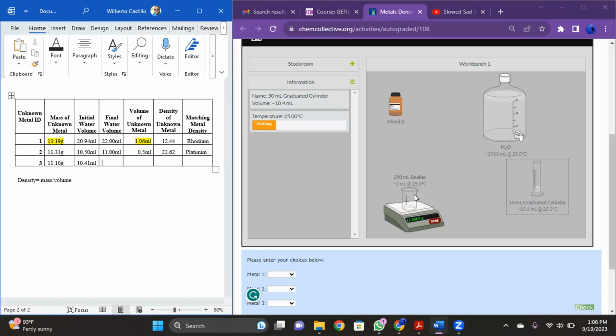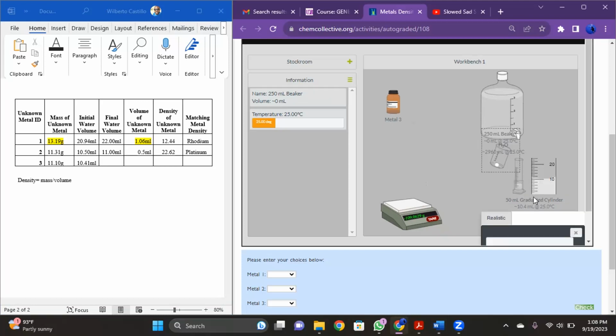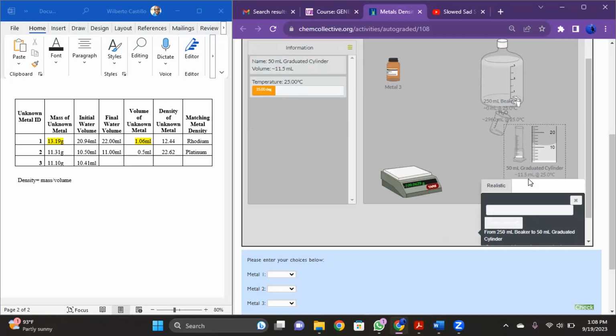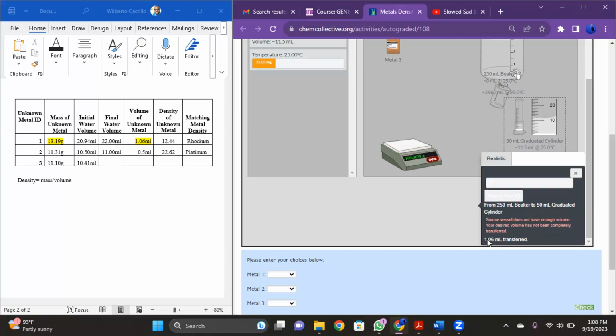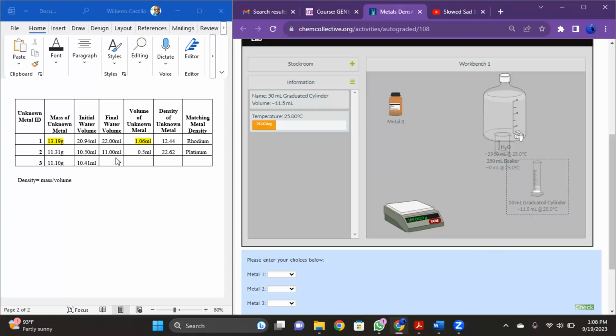Now we're going to pour in our metal. We have poured 1.06 milliliter into it, and our final volume is 11.5 milliliters.